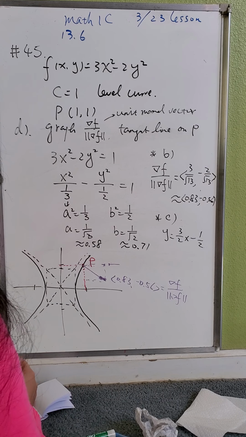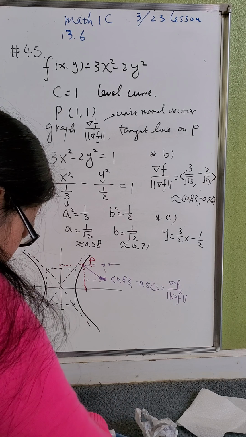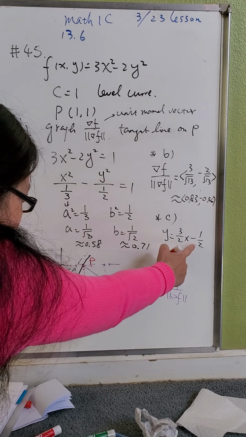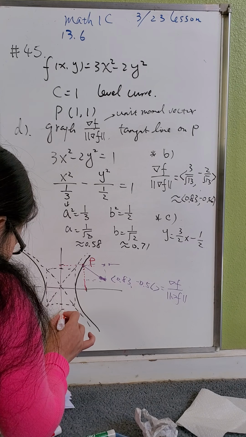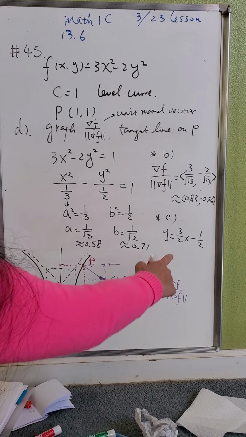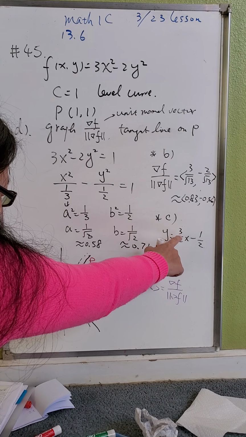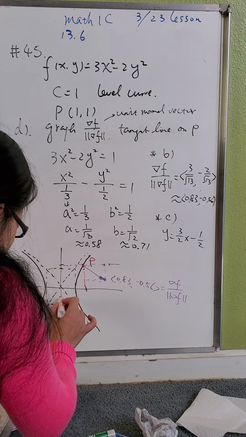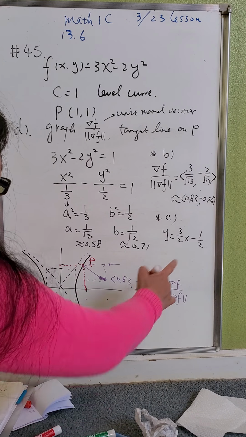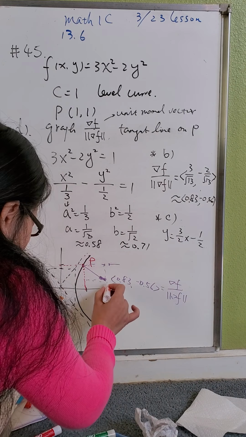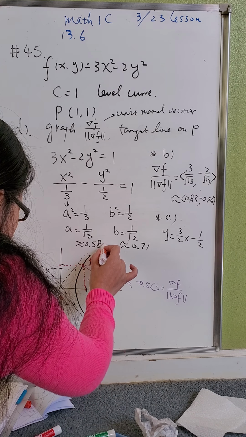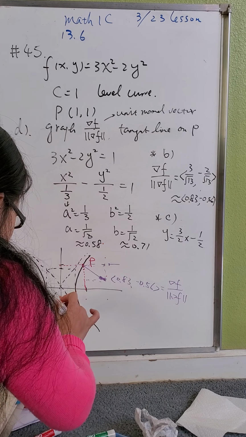Maybe I use orange. So negative 1/2, this is a 1 here, this is negative 1, so it's right here. And then you're going to go up 3 and then go 2 on the side. So you go 1, 2, then from here you go up 3 units, so about 1, 2, 3. So connect this one.